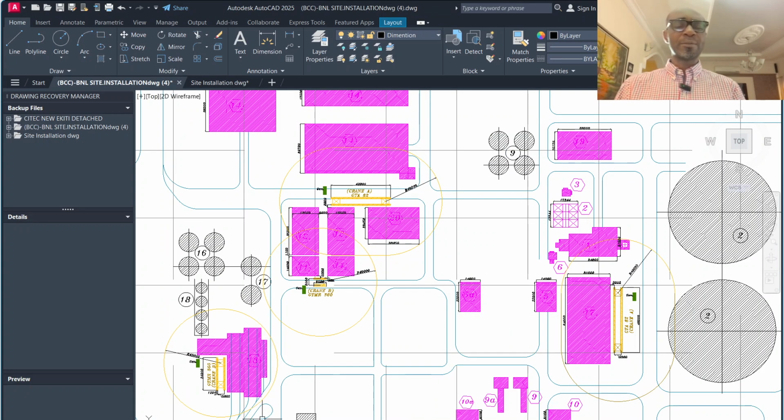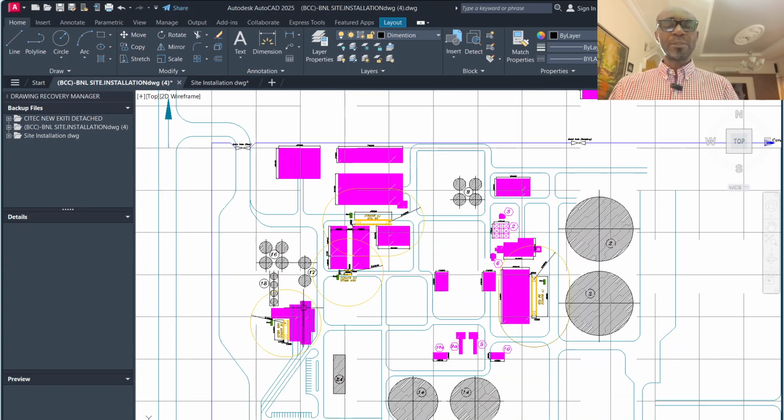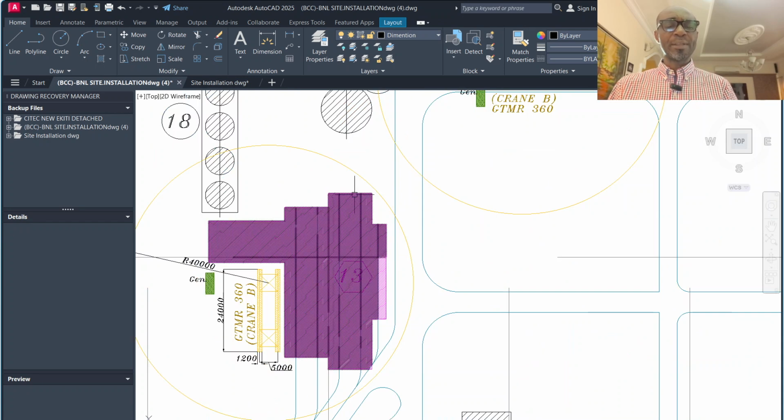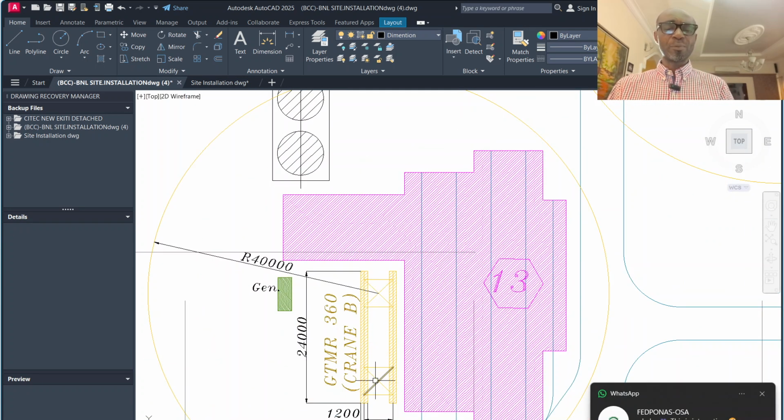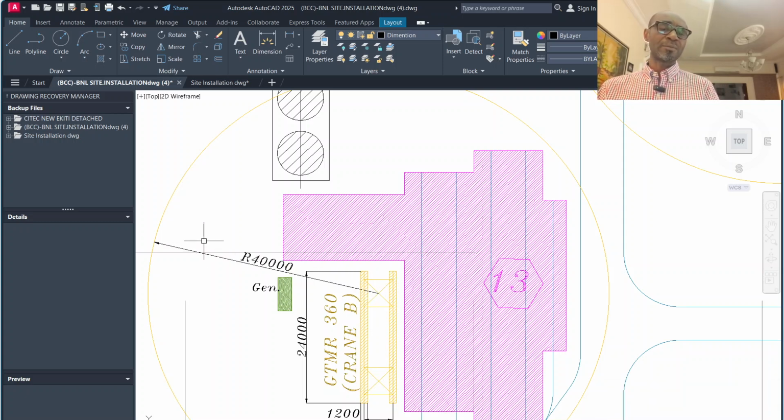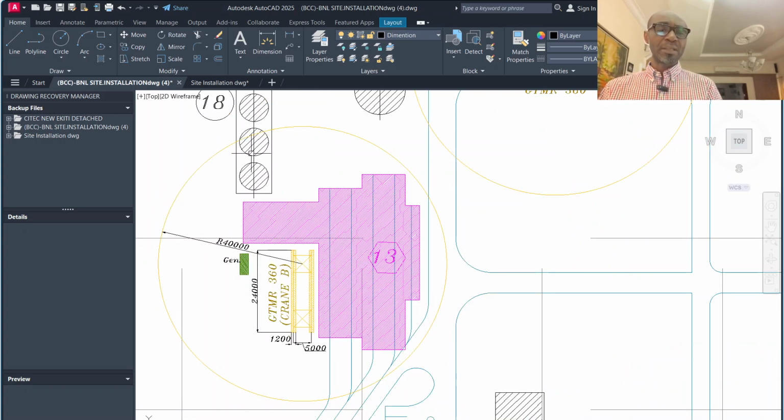As you can see in this drawing, the buildings that are above one floor have cranes, and you can see this crane is going to be positioned here, and it has a boom of 40 meters, meaning that the circumference is enough to cover this building.